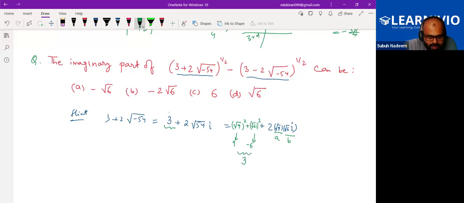This 3 will be obtained if you make the arrangement like this. So root over 9 square plus root over 6 iota square plus 2 root over 9 root over 6 iota will become the formula of root over 9 plus root over 6 iota whole square, a plus b whole square. So you can write it like this. Write it down and then think about the next one also. You can also see the next one clearly.